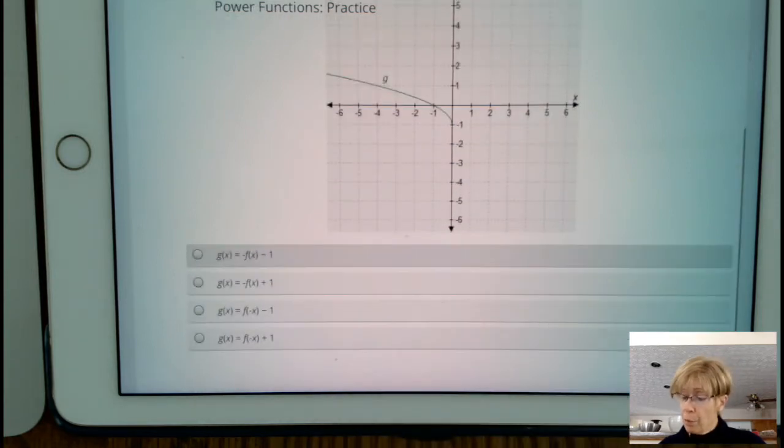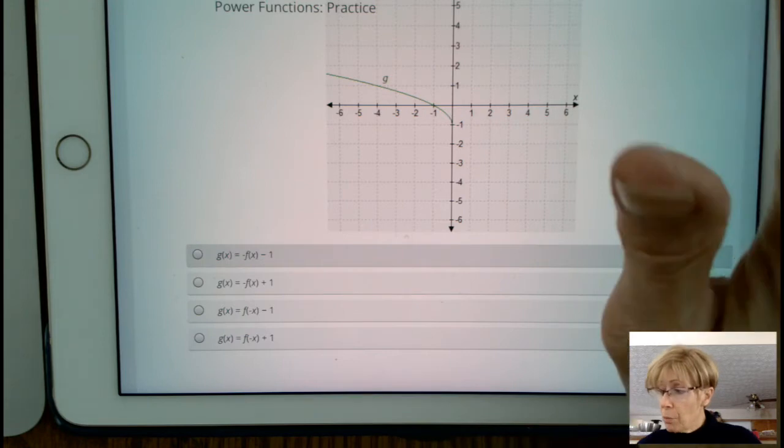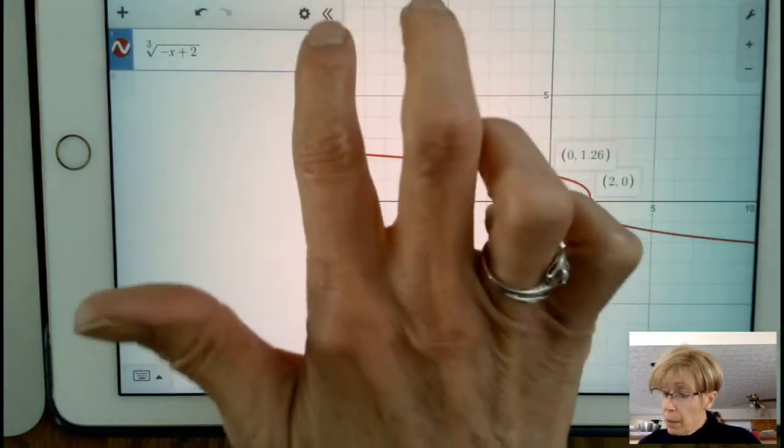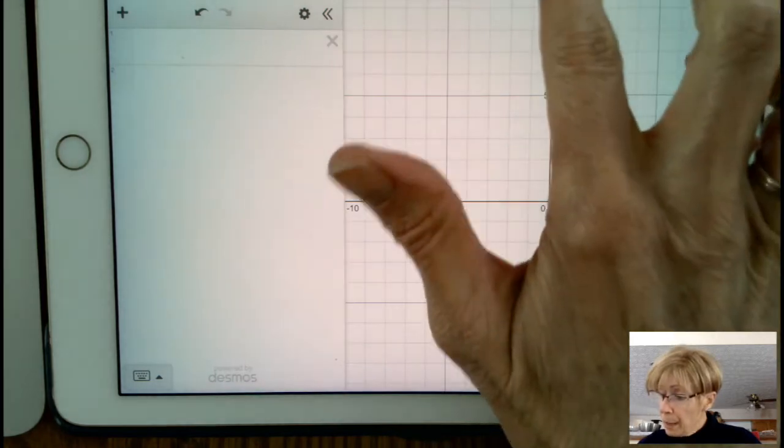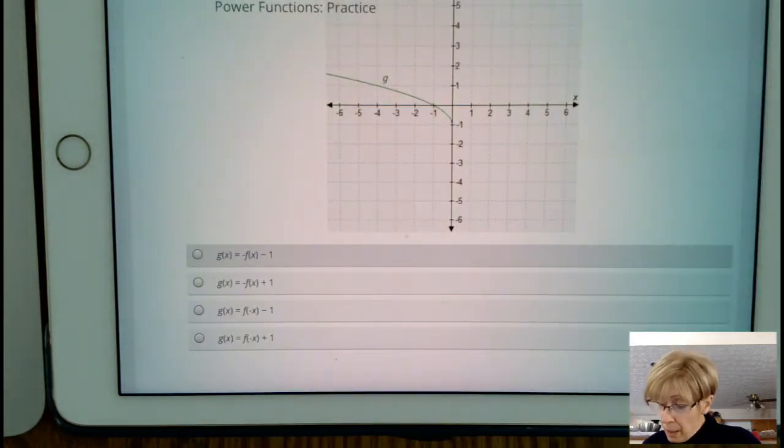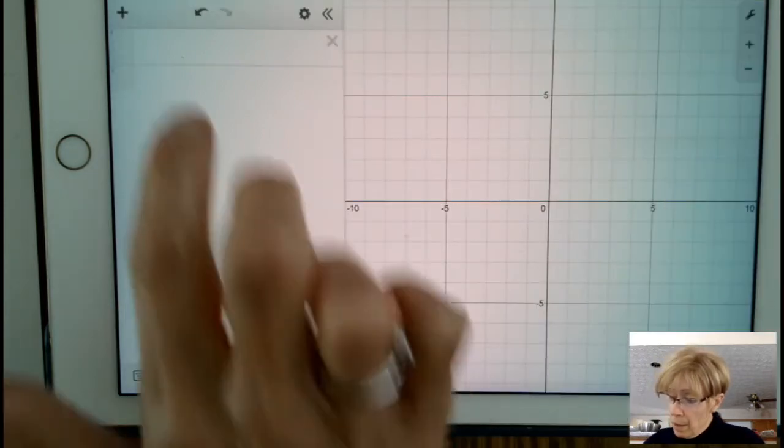If you don't know which answer it is, we can flip over to Desmos here and type in, first of all, going back here, it is negative the function. So when we come over here, negative the square root of x, arrow out of that, minus 1.